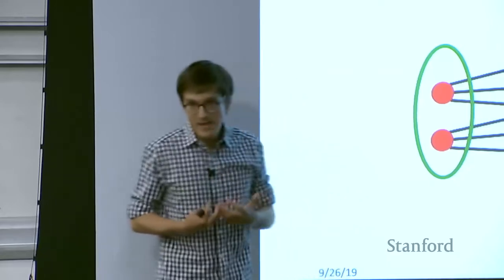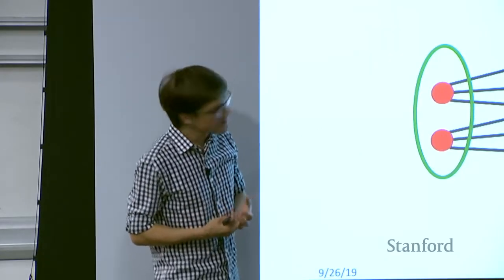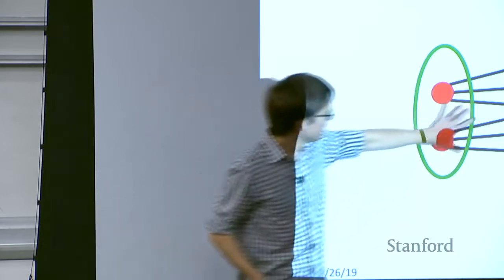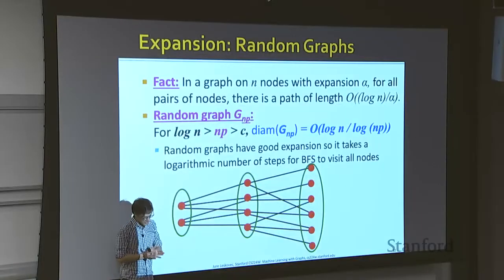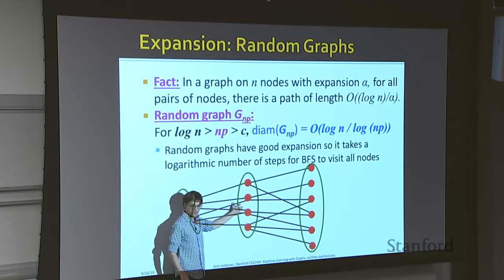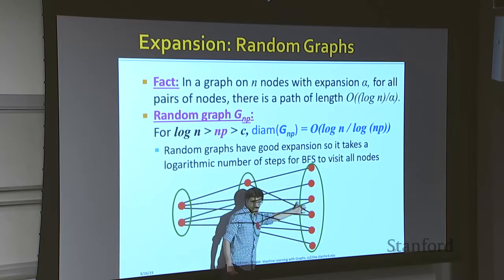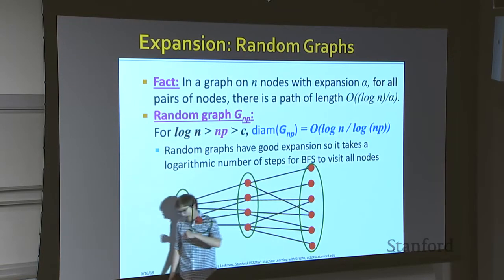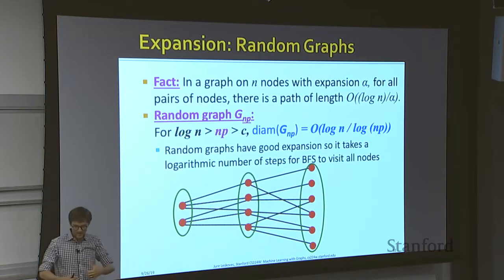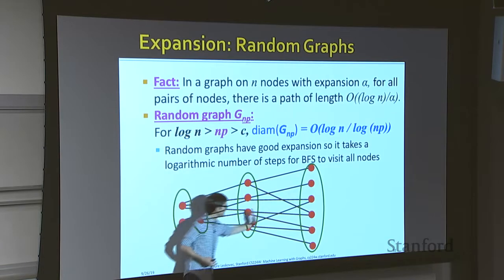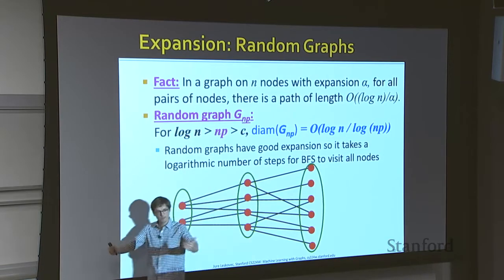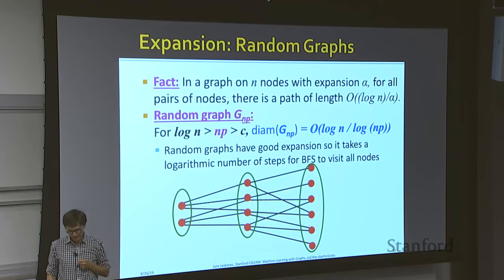Okay, why is that the case? Because if you have some expansion, then when you start with some set, a single node, you expand to some number of nodes, and then you again expand to the next number of nodes. And if at every step the number of nodes that I see increases by a factor of alpha, then it will take me a logarithmic number of steps before I will visit all the nodes in the graph, right?